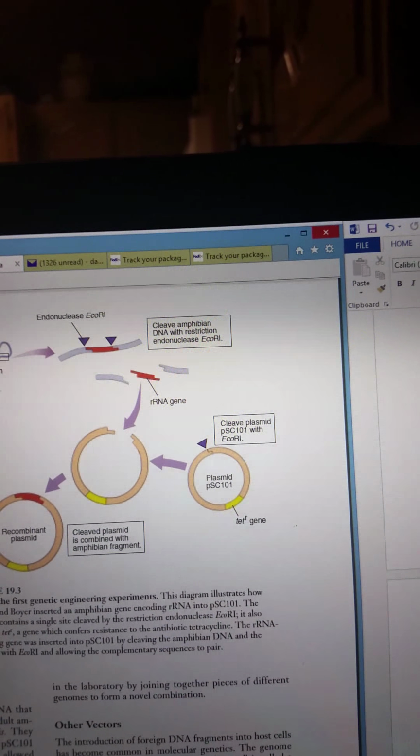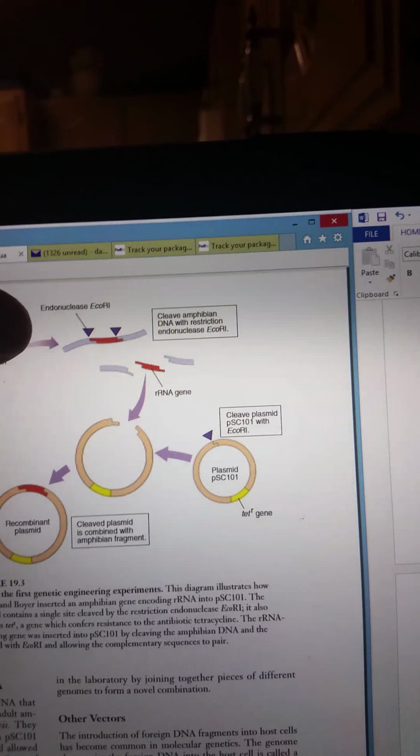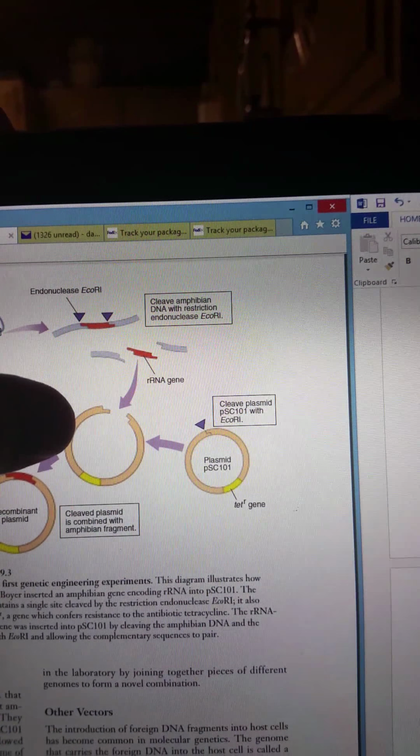After this occurred, they used amphibian DNA, from a frog, and cut it using the same endonuclease from before, EcoRI. This made fragments of DNA, and they mixed them together with the plasmid that they had from earlier.